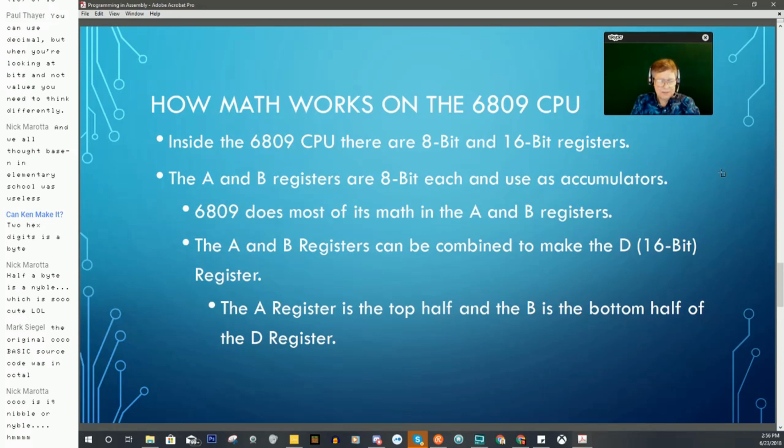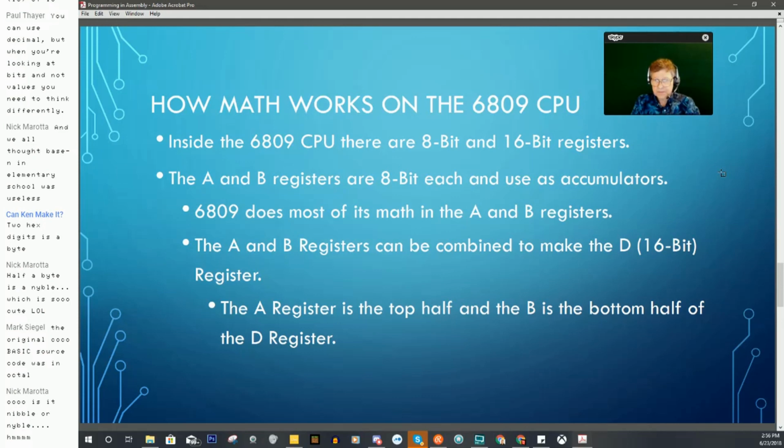Okay, inside the CPU, there are 2 accumulators that are 8-bit. They're called A and B. This is where you do most of your math. These are the things that you want to store stuff in. And as I say, this is inside the CPU.